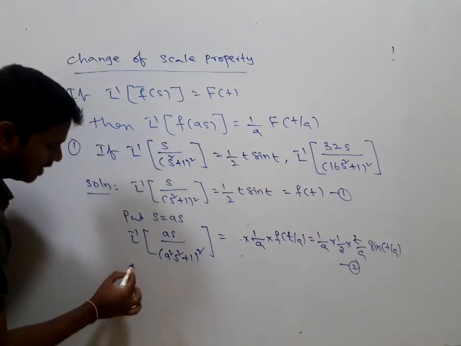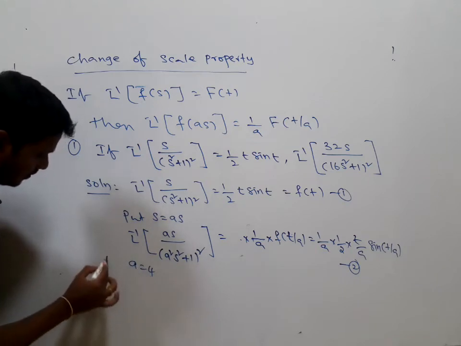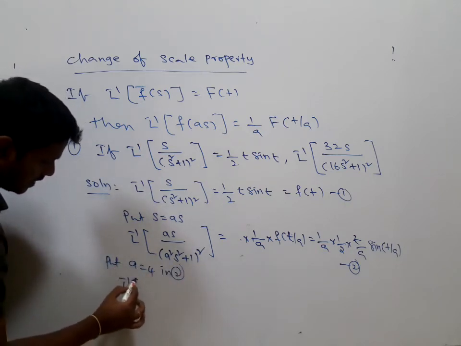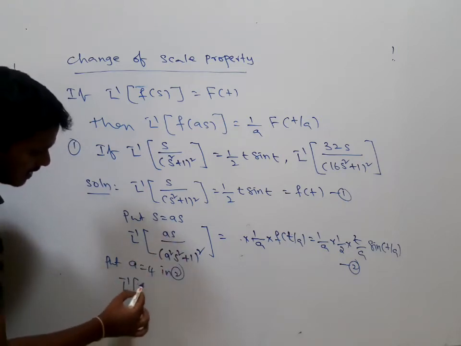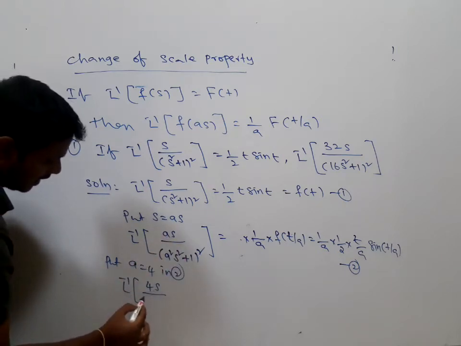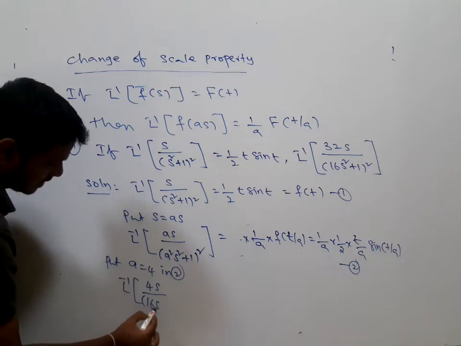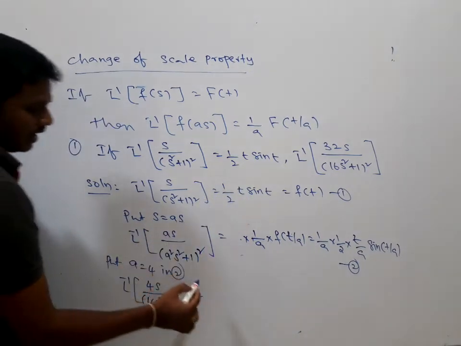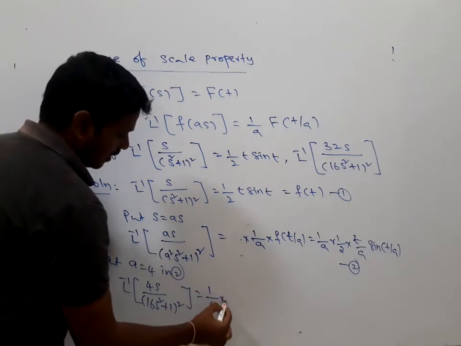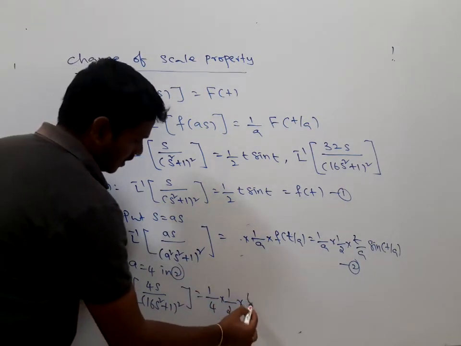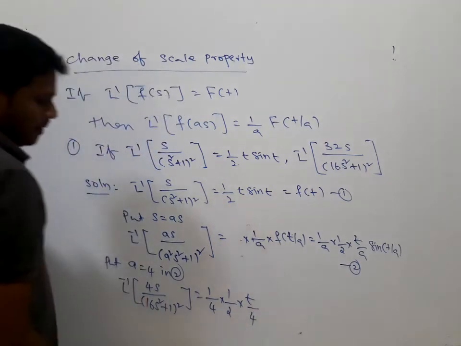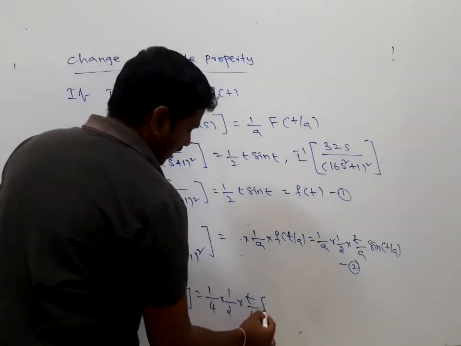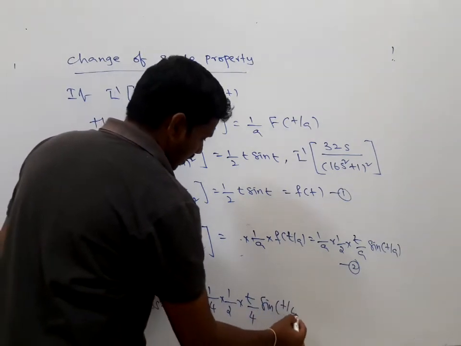Let's put a equals 4, so L inverse of 4s divided by 16s square plus 1 whole square is equal to 1 by 4, 1 by 2, t by 4 sine of t by 4.